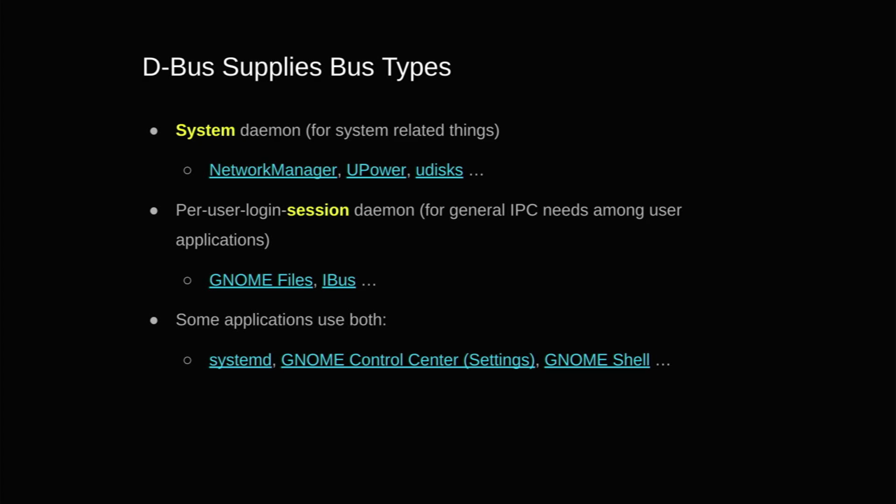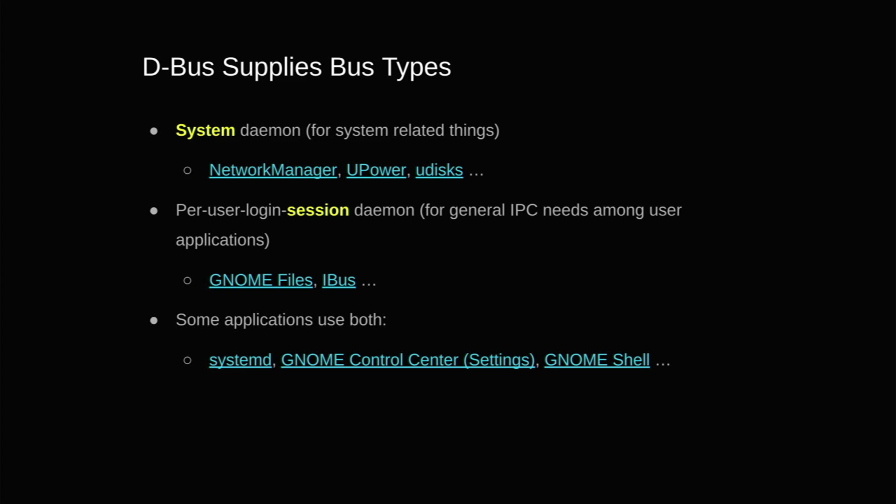And D-Bus supplies two bus types. The first one is the system type. It is for system-related things. For example, NetworkManager manages the network devices, UPower is for the power devices on your system, and UDisks is for storage blocks. Another bus type is the per-user login session type.